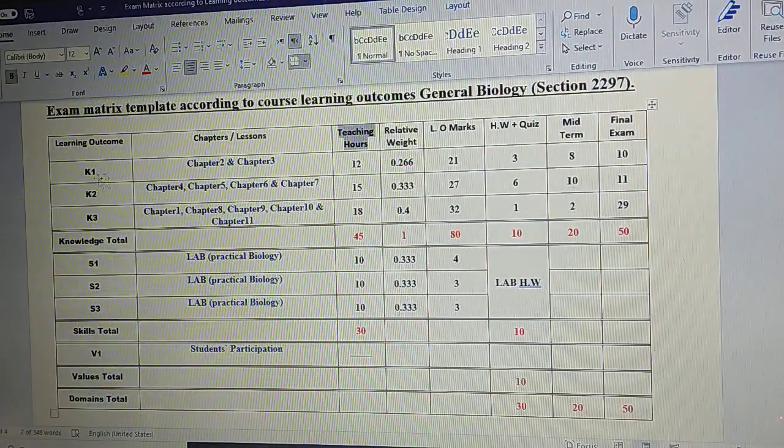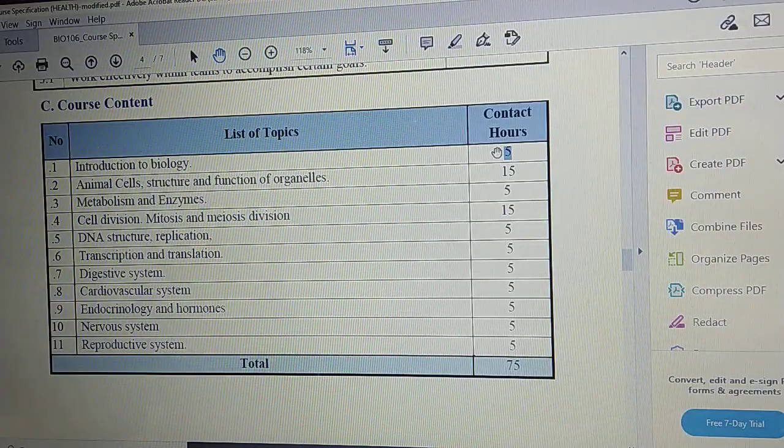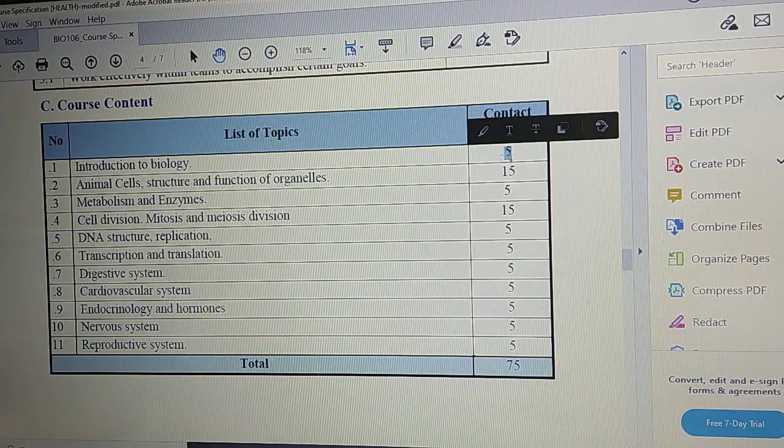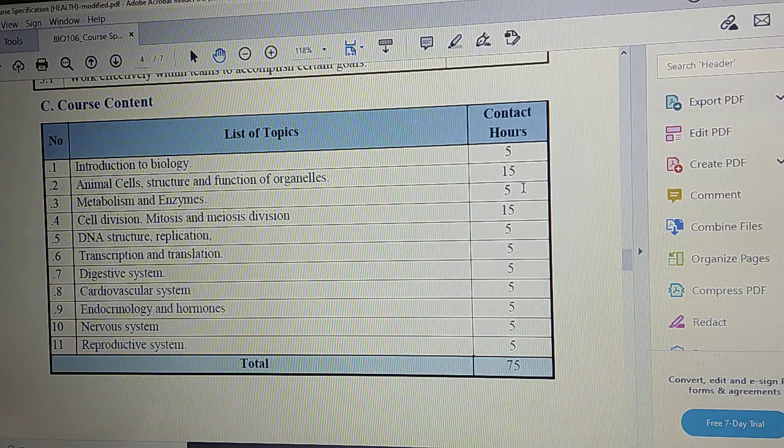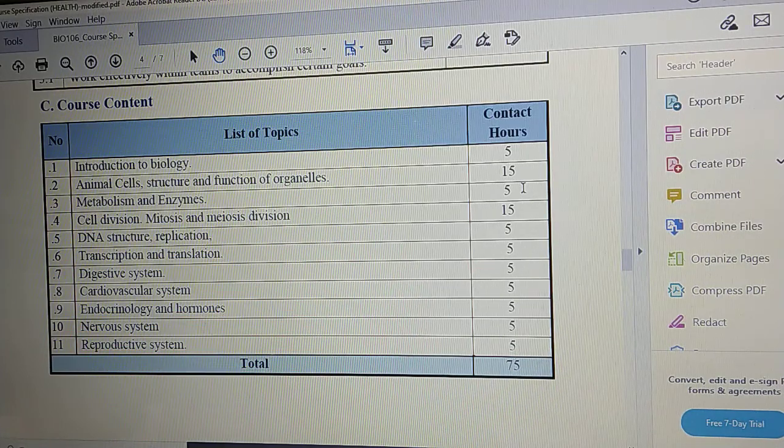For example, here the K1 learning outcome is aligned with chapter 2 and chapter 3 in the course. So I have 20 hours, 15 plus 5. But these 20 hours are for the lecture and lab. I want just the lecture. So each week will be 3 hours for the lecture.